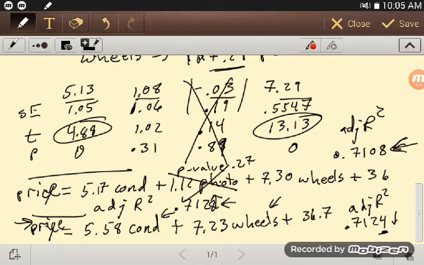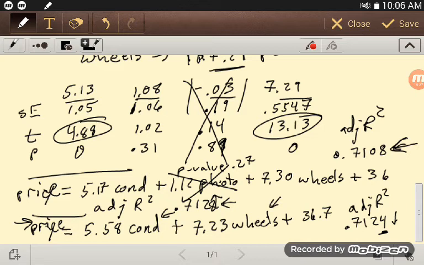And actually, the confounding variable wheels has a bigger effect on the price per wheel than whether it's a new or old condition toy. And so that is how we go about using our model to help us determine how we want to look at dependencies for price.